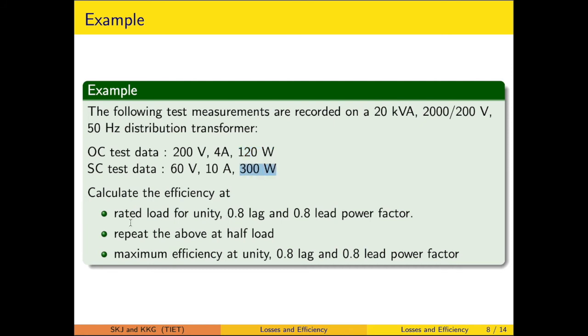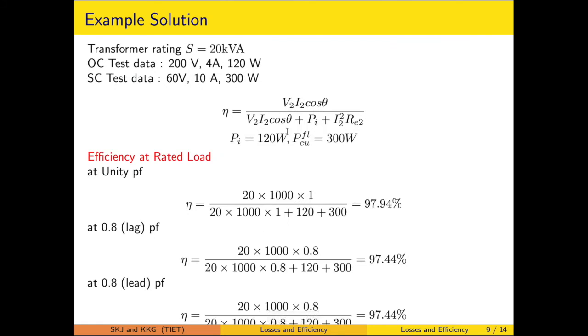Now we are interested in calculating the efficiency at rated load for different power factors, the efficiency at half load for different power factors, and then the maximum efficiency at different power factor levels. So this is the summary, and the efficiency expression is also written here for ready reference. Likewise, the Pi comes out to be 120 watt, and PCUFL is 300 watt.